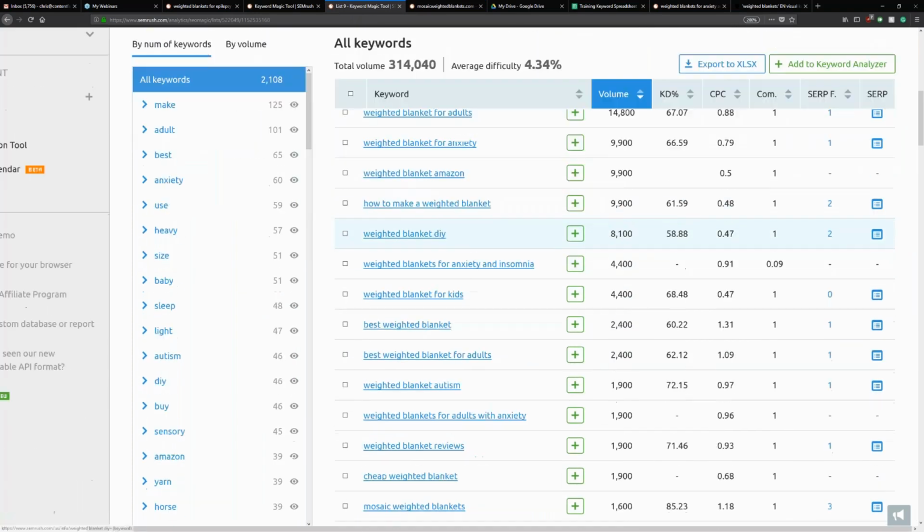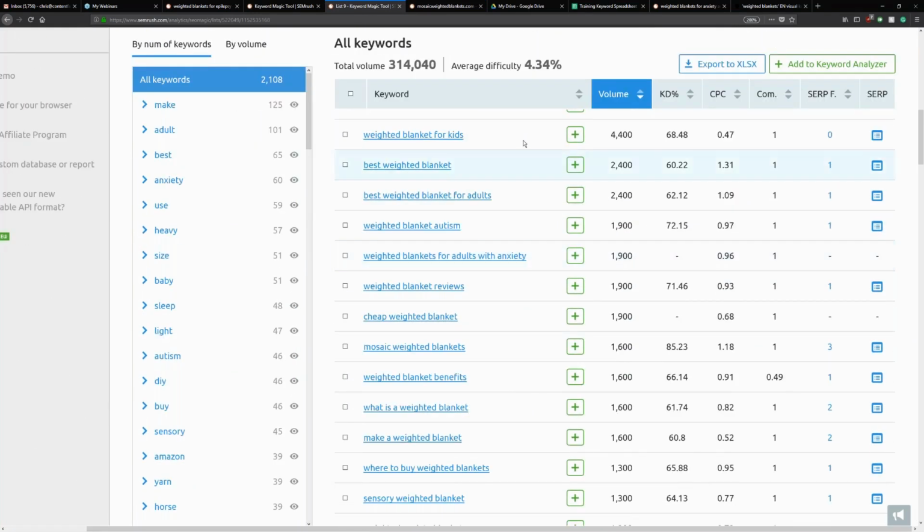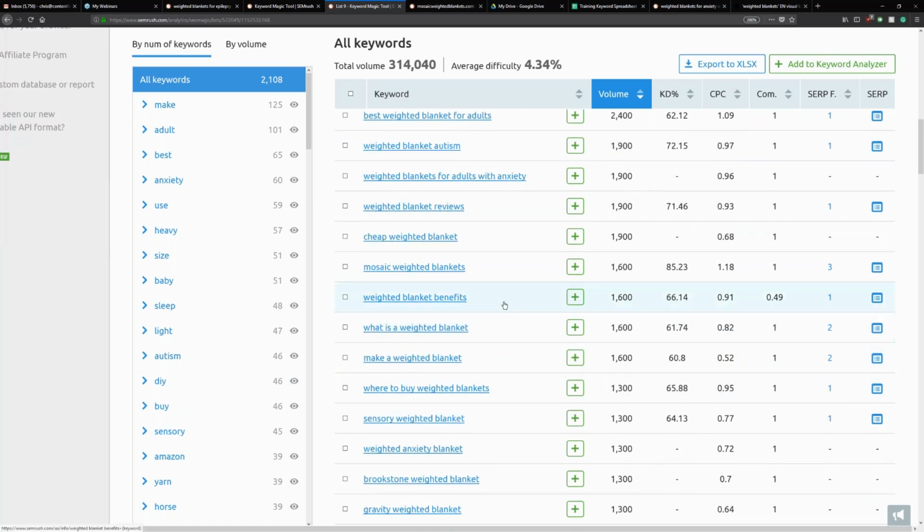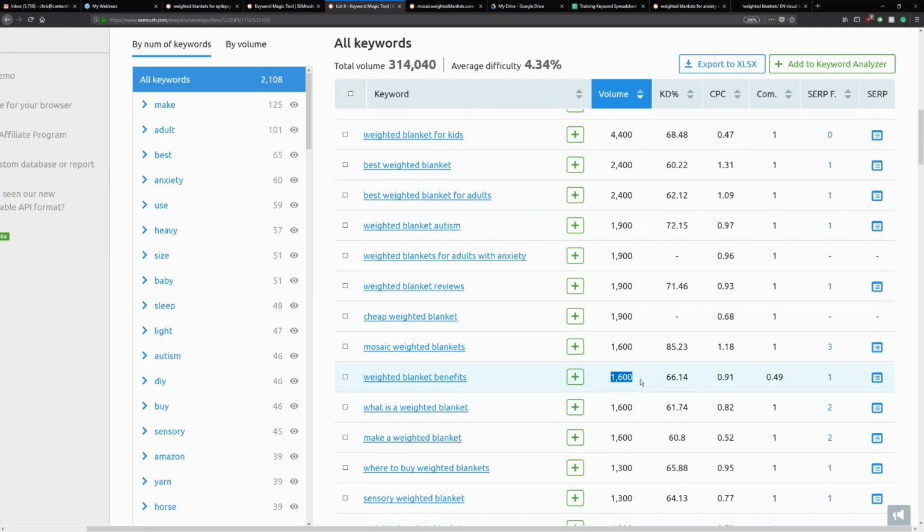So when we're looking down this list, we're going to spot this keyword next. Weighted blanket benefits. Now, why did this keyword immediately jump out to me? Well, for a couple of reasons. The volume is still good, 1,600. That's a good amount of people searching for this every month. The difficulty here looks like it's actually within reason, I would say, based upon the other keywords here in comparison.